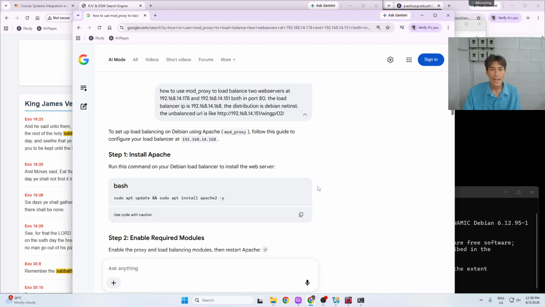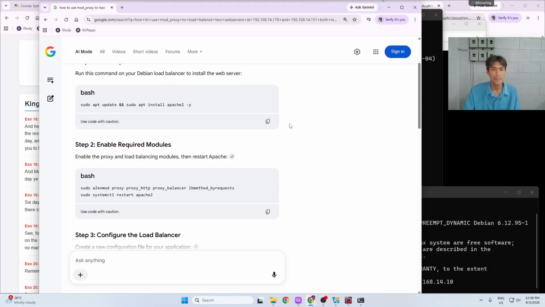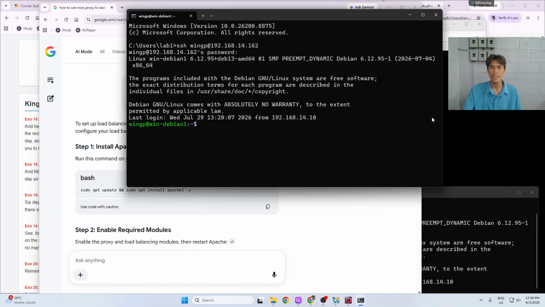So, according to our tutorial, we should install Apache. We already have Apache. I think we already did this. Enable required modules. Okay. Now I'm going to do this according to the tutorial, in 168, this is the 168 computer.